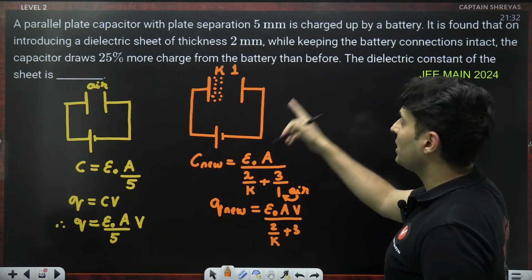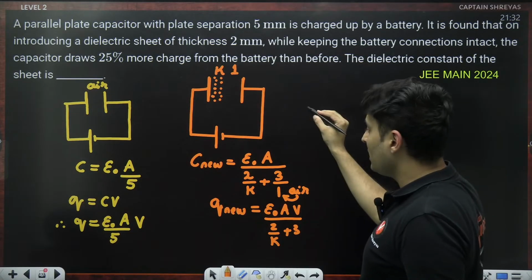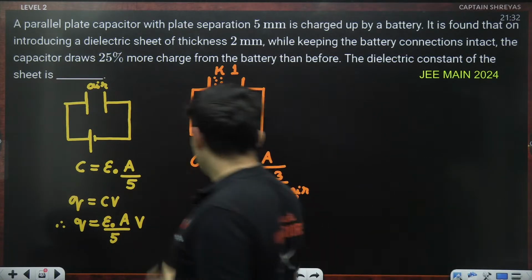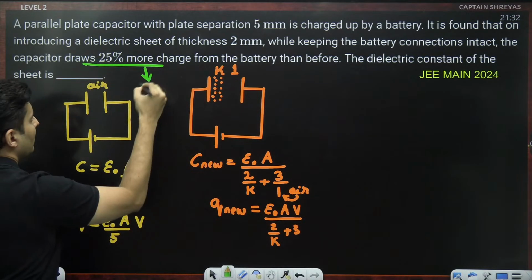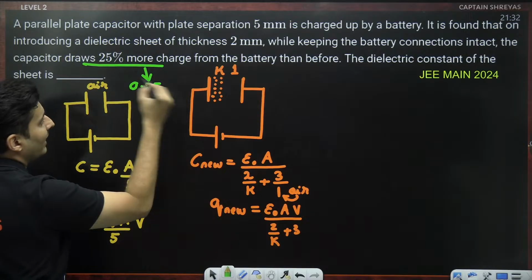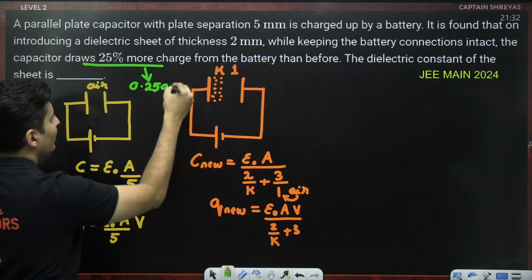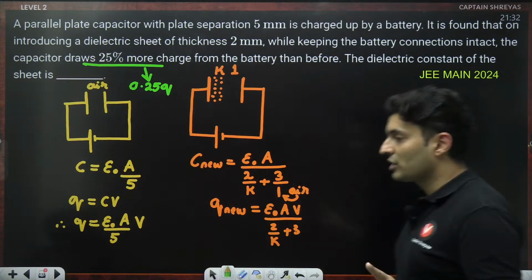It is clearly mentioned the capacitor draws 25% more charge, which means Q new is 25% more. So 25% more means 0.25 Q, you have to add to the old charge.